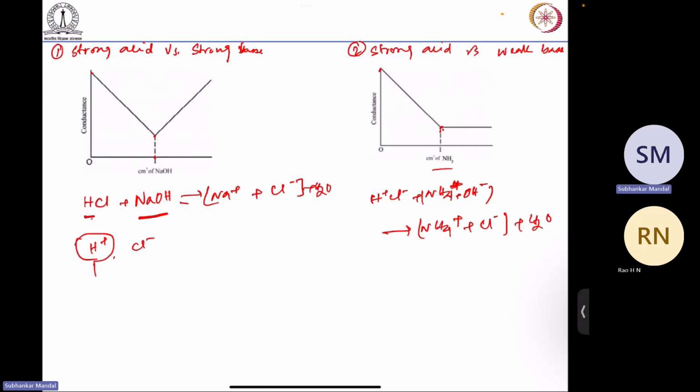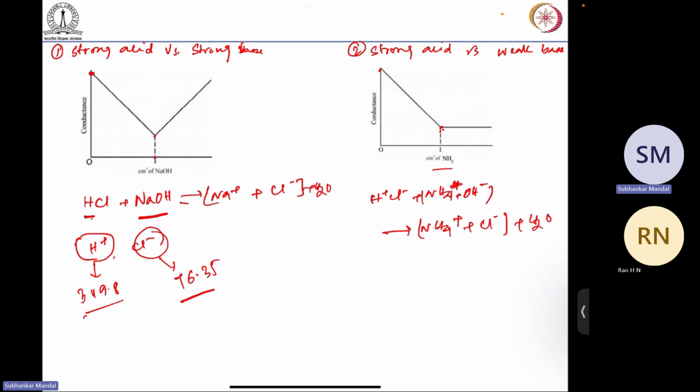From the table, the conductivity of H plus is 349.8, and Cl minus conductivity is 76.35. This is the equivalent conductance of these two. As H plus is initially there, the conductivity is quite high.